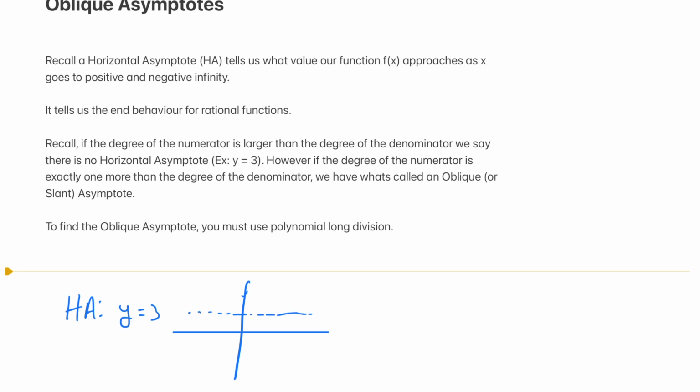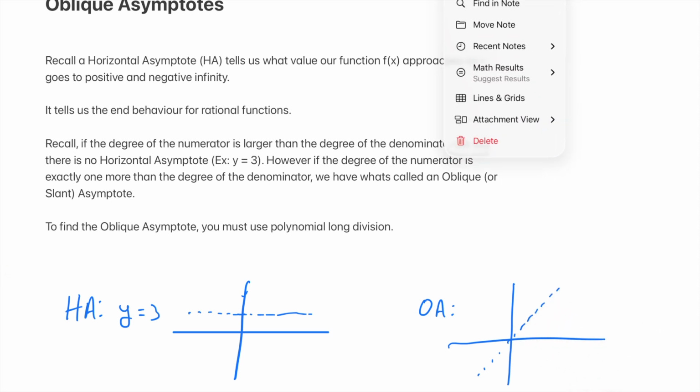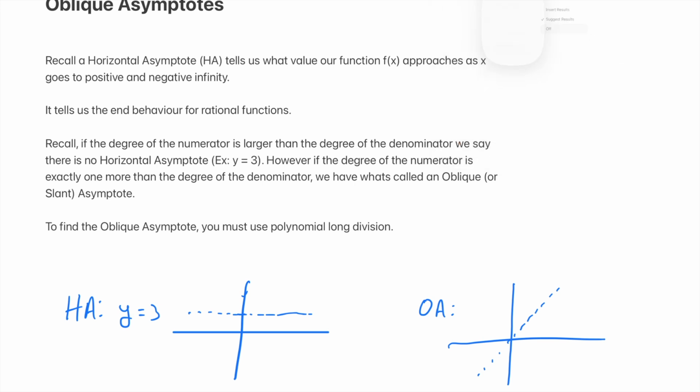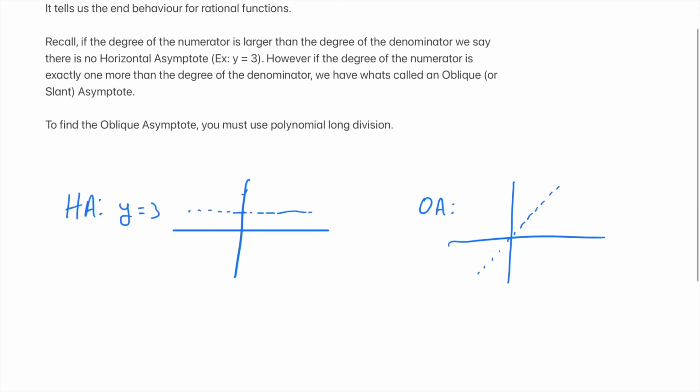What we're going to talk about today is an oblique asymptote. Instead, it's going to look something like this. So we're going to focus today on how we find the oblique asymptote.